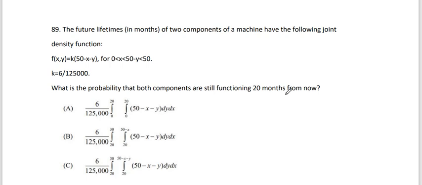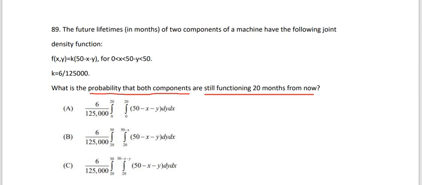So for problem 89, we want to find the probability that both components, so we have X and Y, two variables, are still functioning at 20 months.